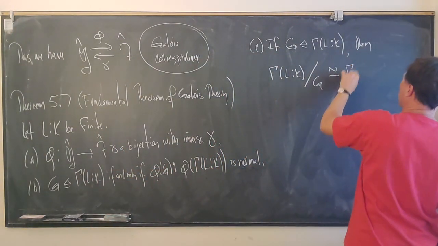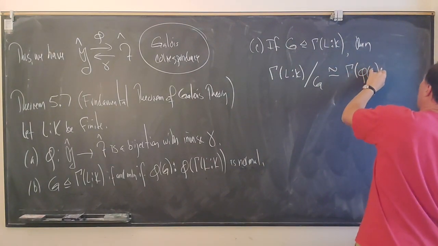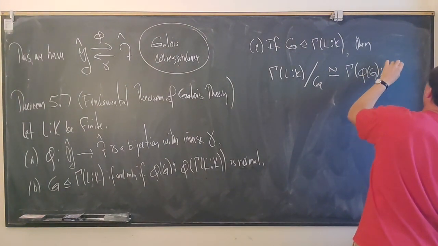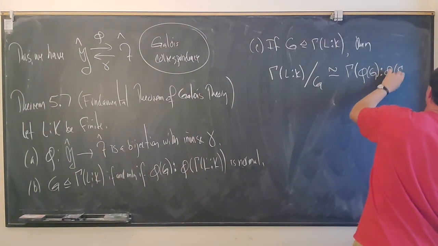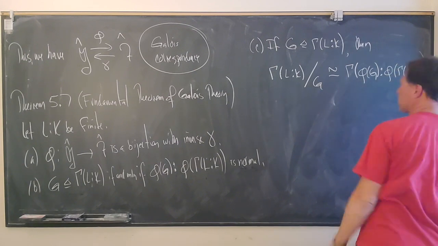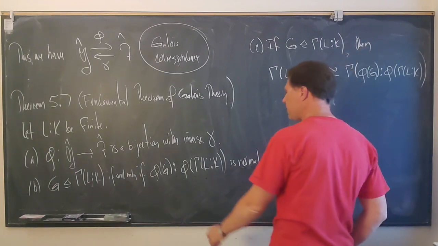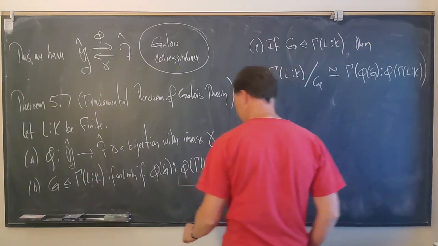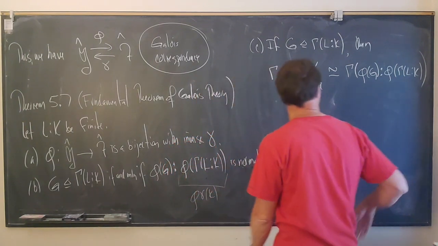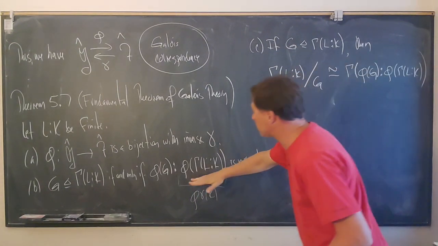So Gamma of phi of G over phi of Gamma of L over K. I don't know why I'm using this sort of clunky notation. Of course, this right here is phi Gamma of K, and the same thing here. So if you want, you can replace this with phi Gamma of K.